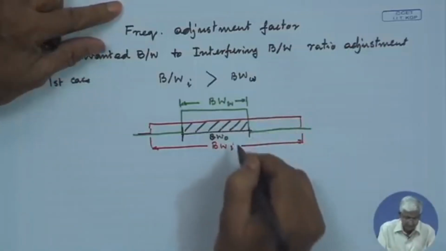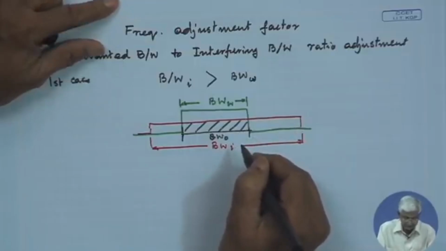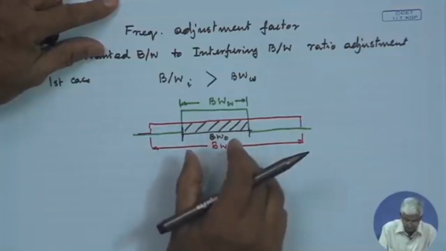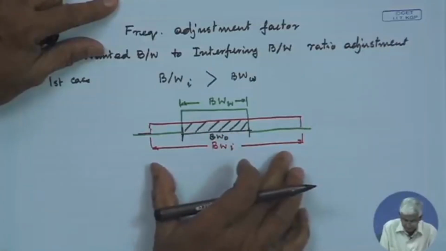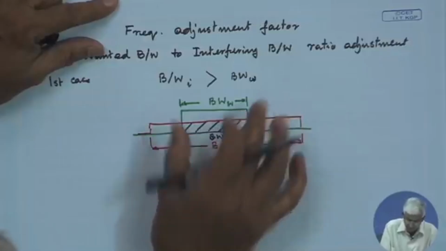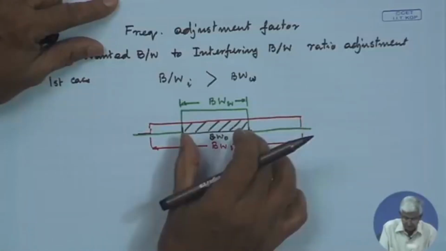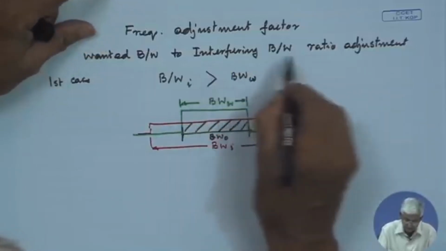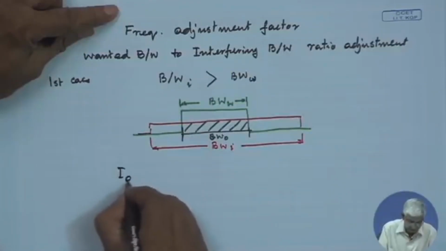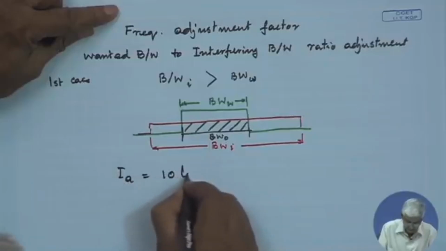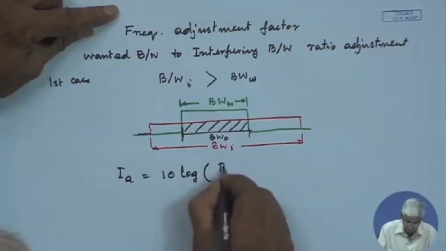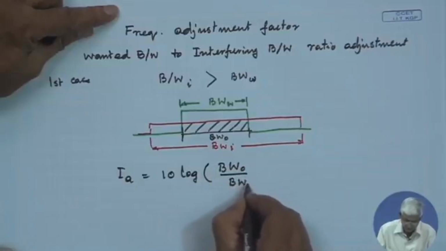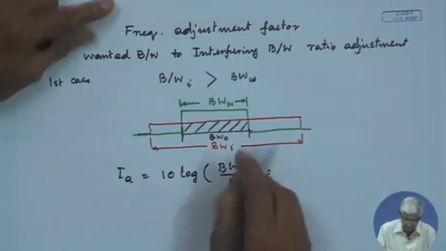So, in that type of case, where the bandwidth wanted is less than the bandwidth interfered, the bandwidth interfered is fully overlapping. The overlapping part has to be seen. Then this interfering ratio adjustment, which is termed as IA, is 10 log of bandwidth overlap by bandwidth interfered. How much is overlap?